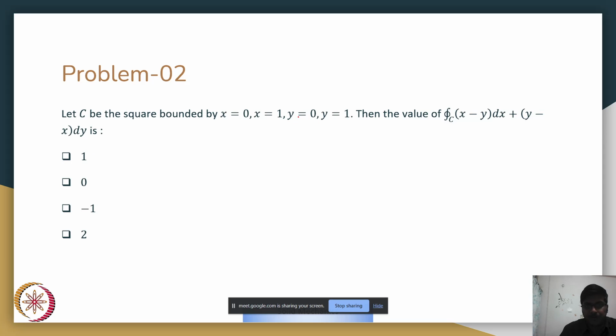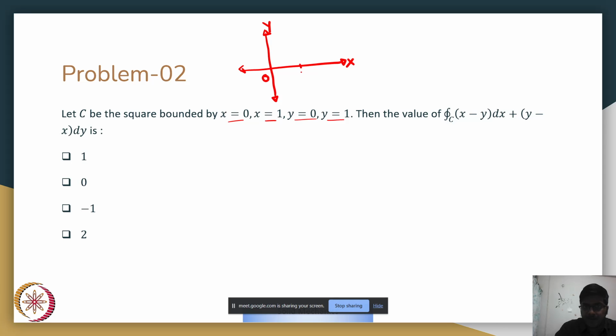Let C be a square bounded by x equal to 0, x equal to 1, y equal to 0, and y equal to 1. So if I draw it on the xy plane, this is my x-axis, y-axis, origin. The x-axis itself is the line y equal to 0. The y-axis is the line x equal to 0.